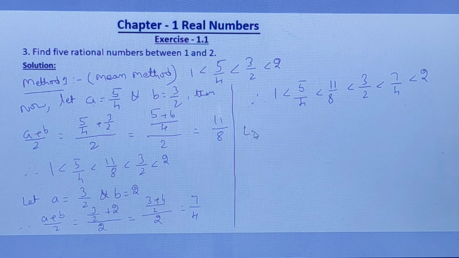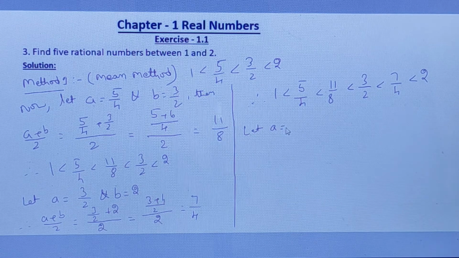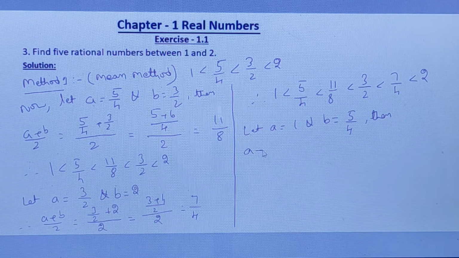Now let A is equal to 1 and B is equal to 5 by 4. Then (A plus B) by 2 is equal to (1 plus 5 by 4) divided by 2.